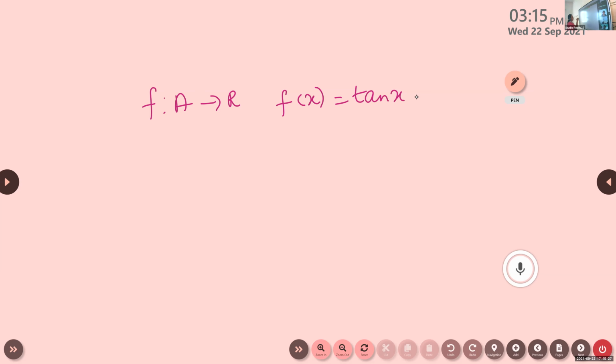First one, what is the domain of f? What will be the answer? What about the domain of this function?